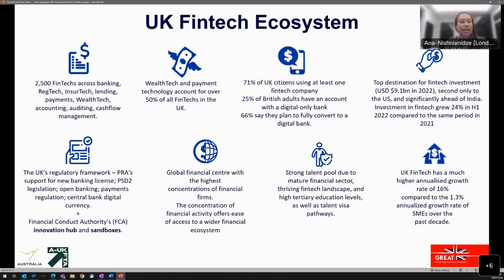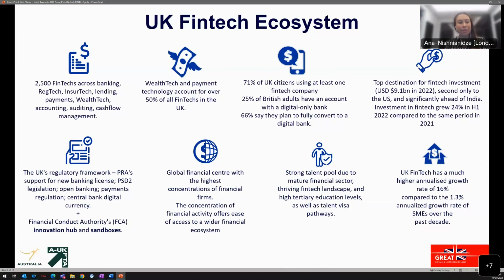We are also seeing a really high level of adoption and engagement in financial services technology across UK citizens. Some interesting stats there: 71% of UK citizens use at least one fintech, and adults are moving to digital-only bank accounts, which is really accelerating and rapidly growing.